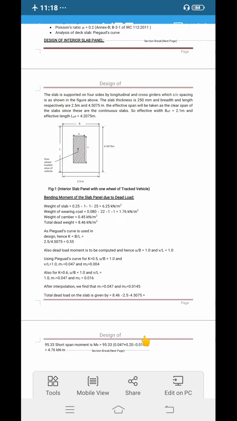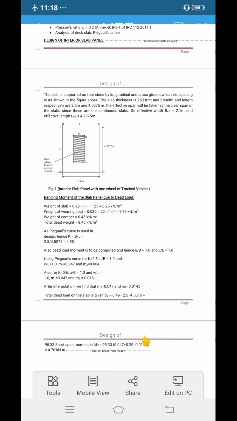So that is the total dead weight from one panel of the slab. We know Pigeaud's curve, K equal to B by L. Here B is width, L is length. B equal to 2.5, L equal to 4.5.